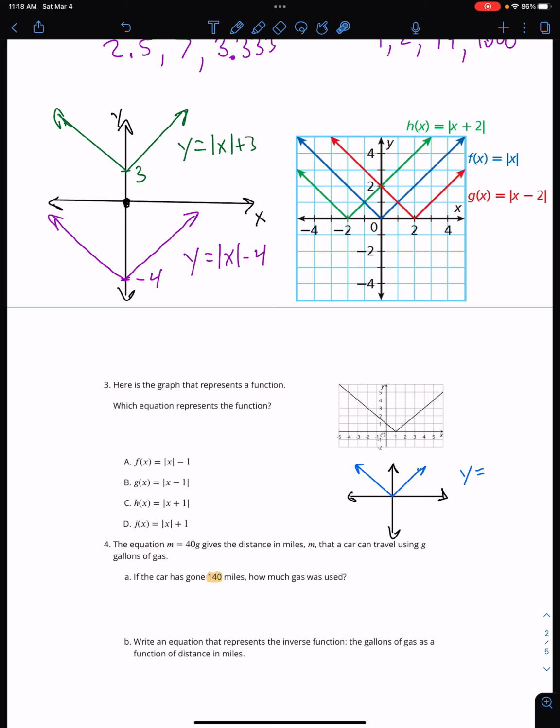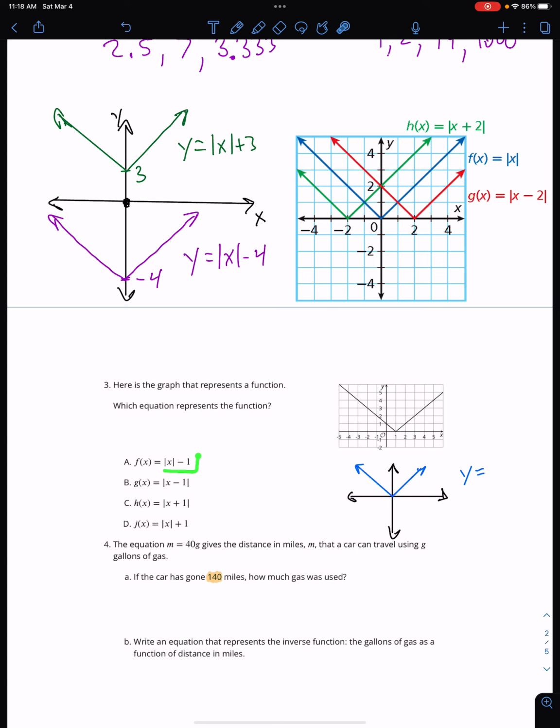We use function notation because as we progress further and further with math, we're going to have so many different functions. Mathematicians have to come up with some way to categorize them and separate them from each other. So we use the alphabet. We could have f of x, g of x, h of x, j of x. These are all just fancy ways of saying y. And then we're giving our function a name. And then we can talk to other people about it. Or when we go back to look at it, we'll remember which function we're talking about.